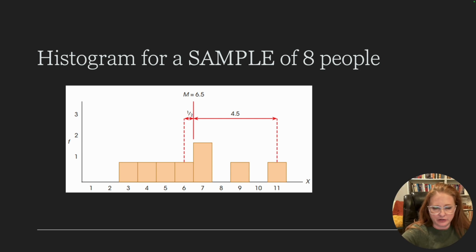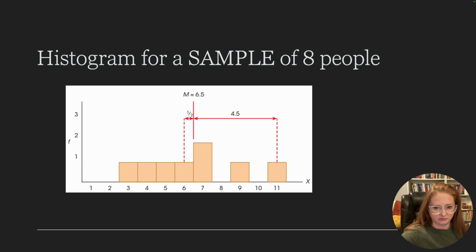So here we have another histogram, but now it's a sample for 8 people. Okay. Our mean, not mu, 6.5, right? And little n, not big N, 8. Again, we can definitely have a histogram for a sample with missing data, right?